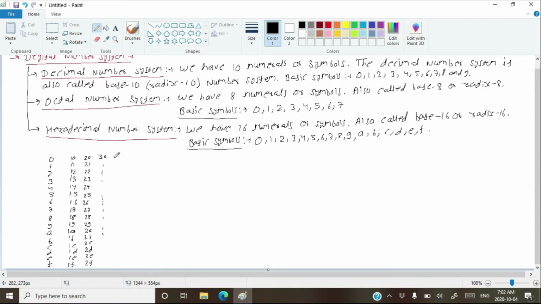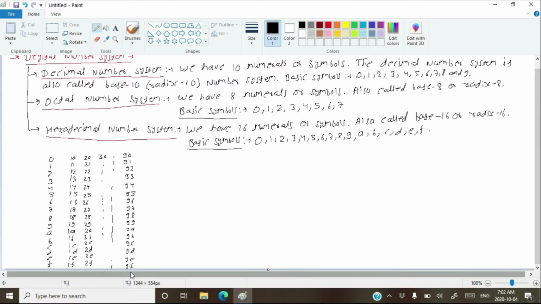You will keep on counting and you will reach 90. Then you count 91, 92, 93, 94, 95, 96, 97, 98, 99. What comes after 99 is 9A, okay, 9B, 9C, 9D, 9E, and 9F.